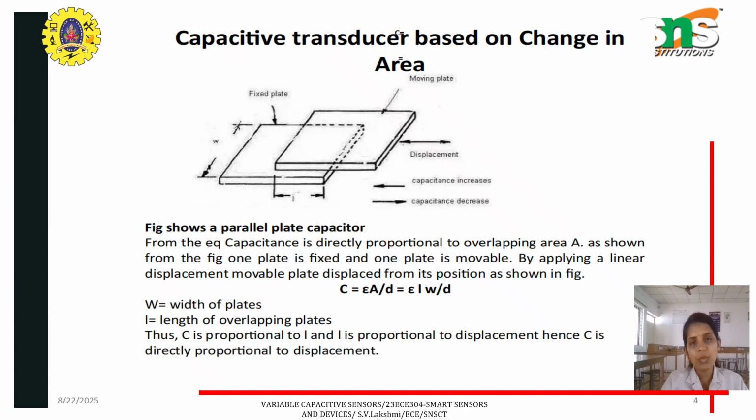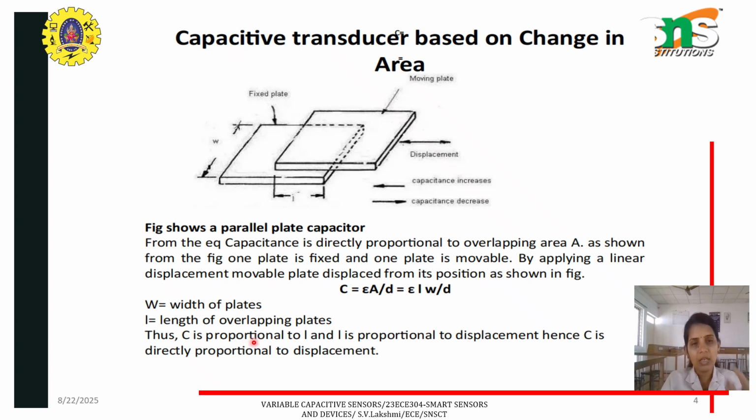First, let us discuss the capacitive transducer which is based on change in the area. We can see two overlapping parallel plates, where one is a fixed plate and the other is the moving plate. Here the capacitance is directly proportional to the overlapping area. We have already discussed the equation C = εA/D, where the capacitance is directly proportional to the area of the plates.